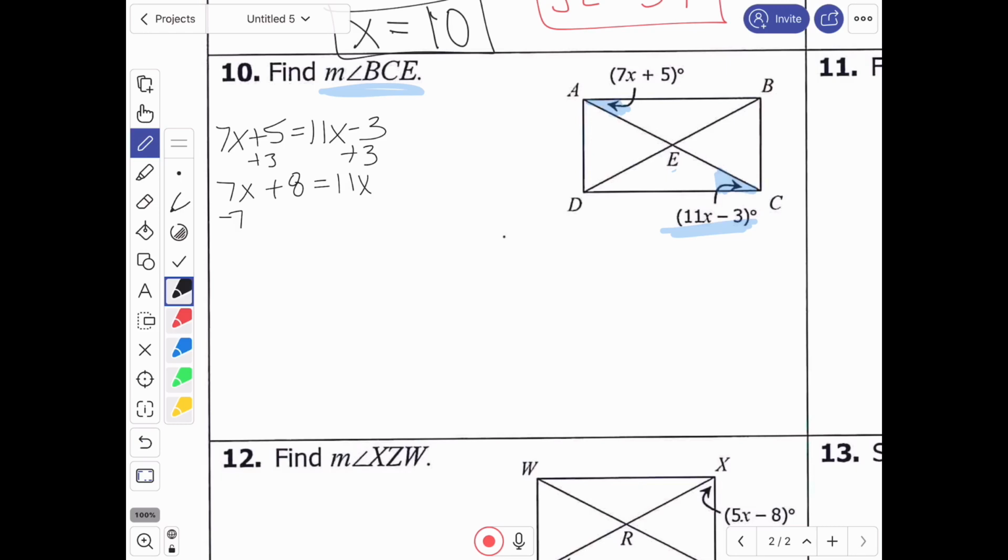Subtract 7x. 8 equals 11x minus 7x. Yeah, 4x. Divide by 4. And x equals 2.